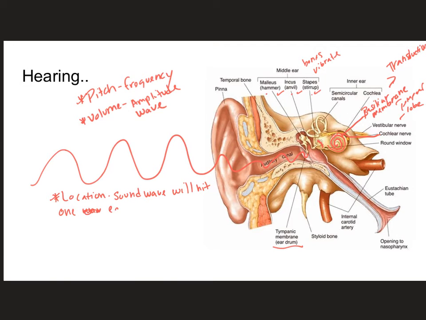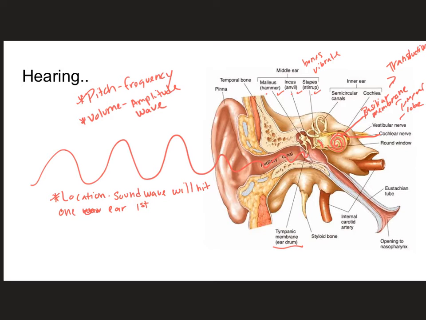This is why when you're in a city or a more urban area with a lot of buildings around and you hear a fire truck or an ambulance, you can't tell what direction it's coming from. You can't quite tell what ear it's hitting first because it's bouncing off buildings.